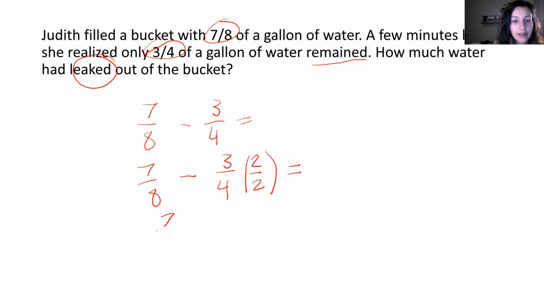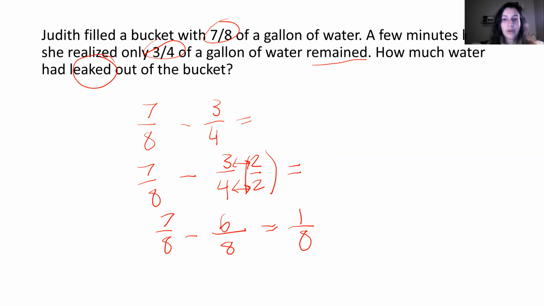That'll get us 3 times 2 in the numerator, which is 6, and 4 times 2 in the denominator, which is 8. We can keep the denominator the same for our final solution, and we just have to look at 7 minus 6, which is 1. So we know that 1/8 of a gallon leaked out of that bucket.